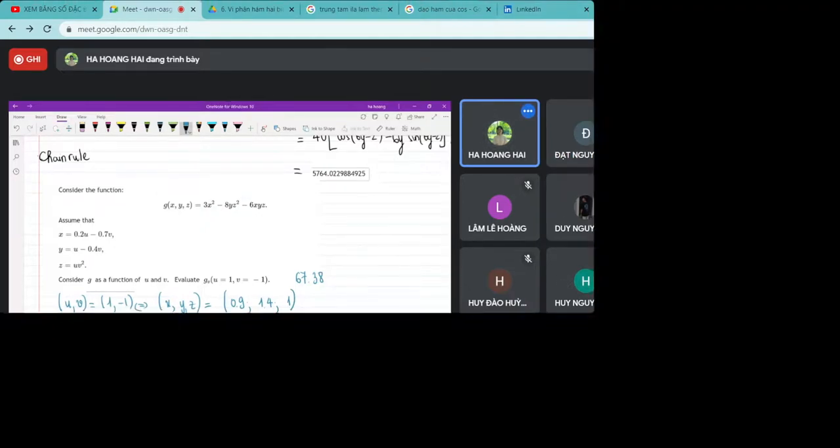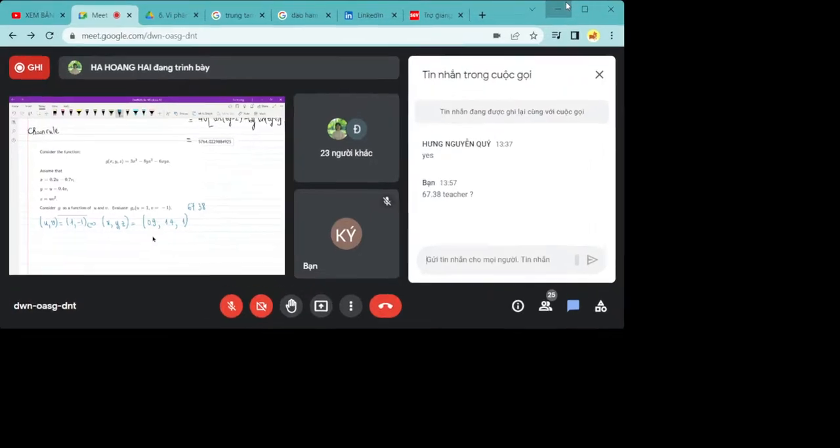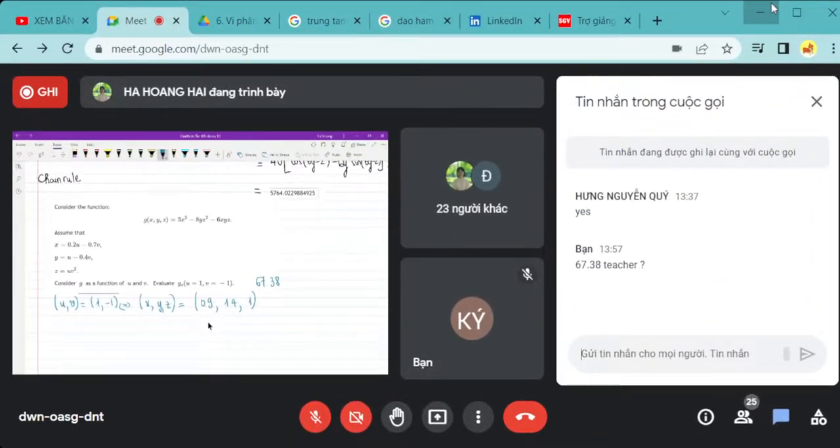All right, and you can see that this function depends on x, y, z, and x, y, z depend on u, v. So you can apply the chain rule for this one.